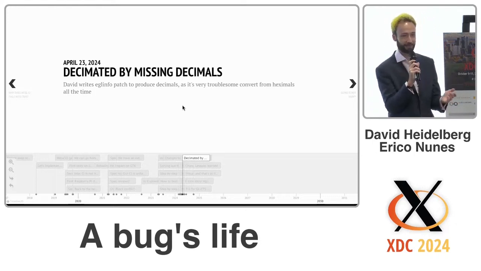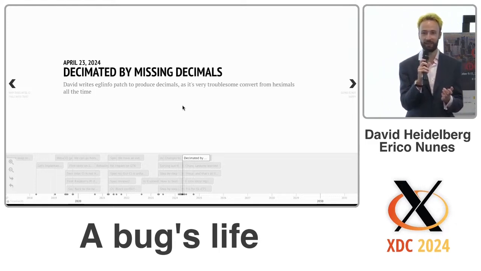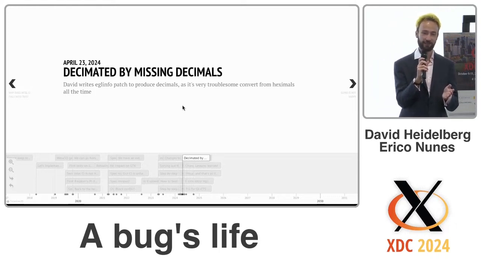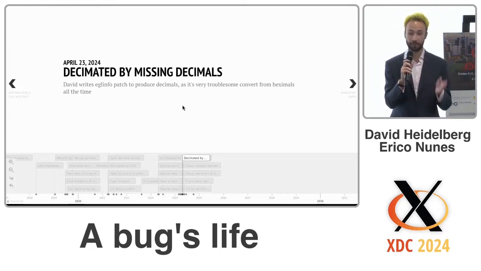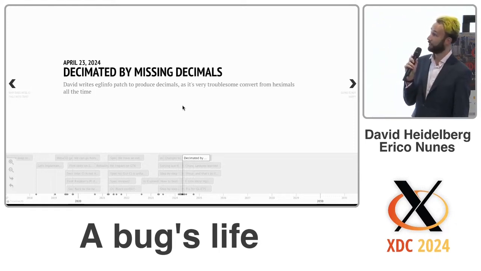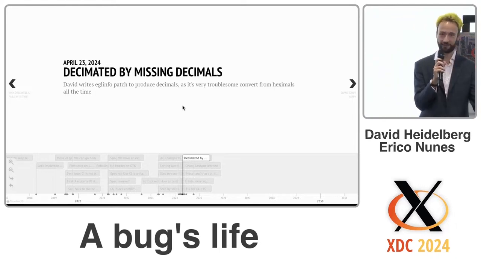It's very easy when you see hexadecimal which has letters in it, but when it has only numbers, it's pretty annoying to think all the time about, okay, this is hexadecimal, it's not decimal. So I opened a merge request to EGL info to produce decimals also, because it makes your life easy.